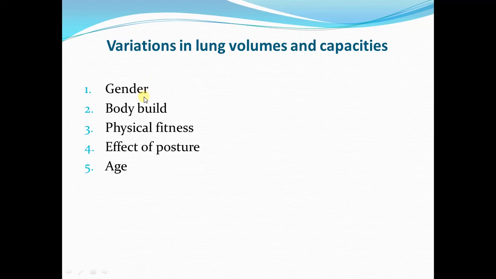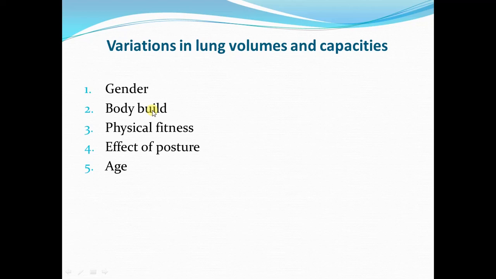So first is the effect of gender. All lung volumes and capacities are about 20 to 25% less in females as compared to males. Body build also affects the lung volumes and capacities.